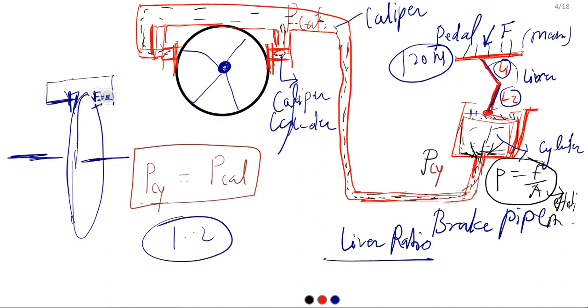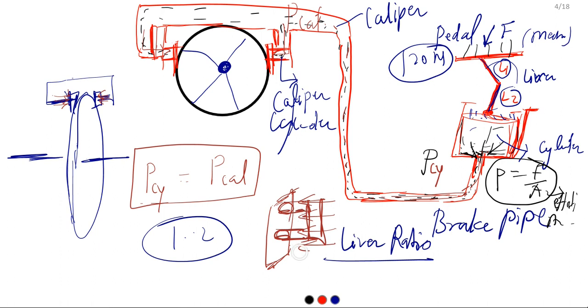So what will happen? That will apply the pressure here again. Suppose this is a pad, any kind of pad, and hydraulic pressure is acting on this. In a caliper there is a cylinder kind of thing, one cylinder here and another there, and the pressure is acting on the cylinder.